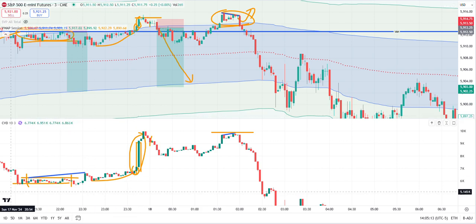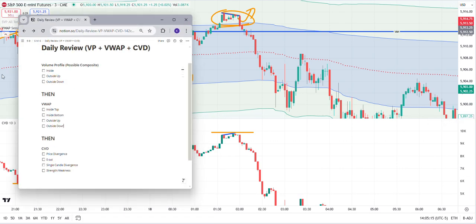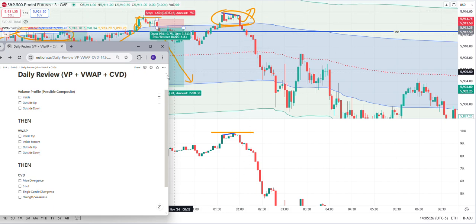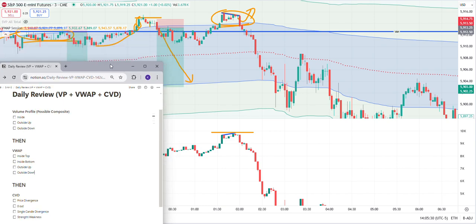Let me show you the schematic thing again. It's volume profile, which we're on the right side of. Oh no, we're not. We're outside, but we're still in the right area. VWAP and then CVD. So the tape is saying that we're probably going to see lower prices.